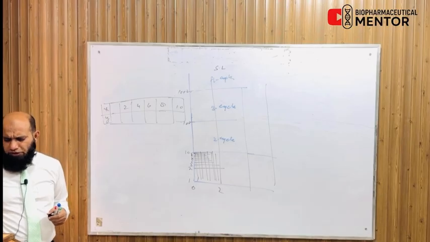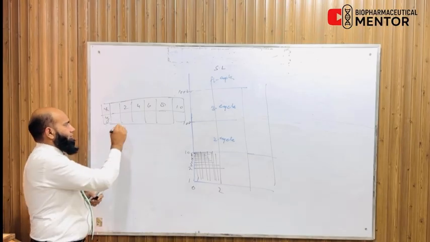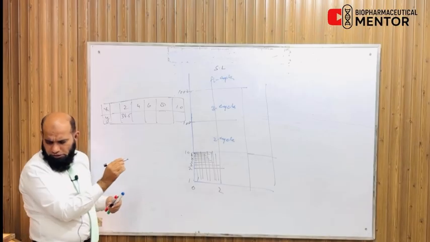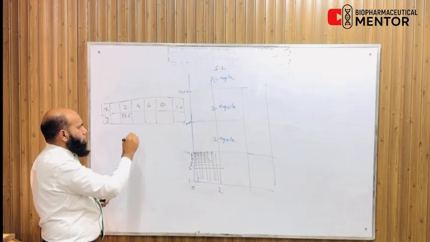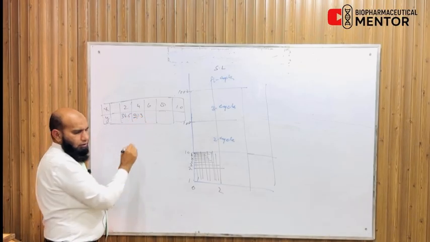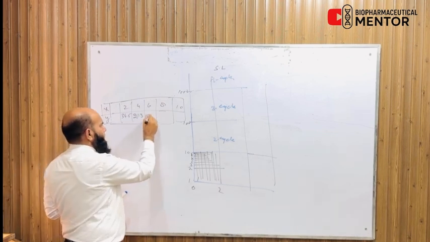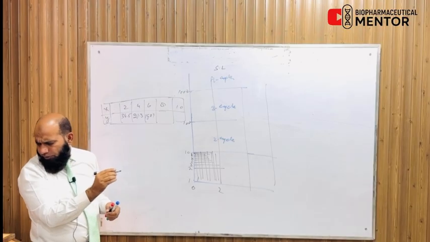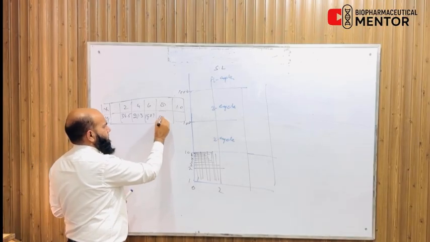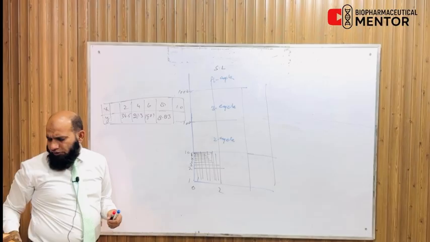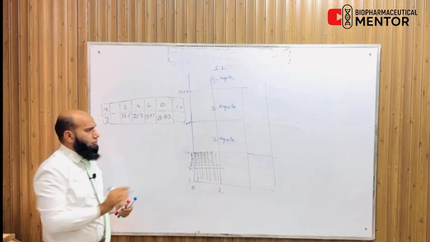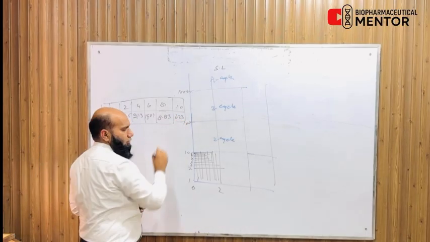But on the y-axis, we have 34.5, then 21.23, then 15.01, then 8.83, and the last one is 6.23. Okay, this is the data.